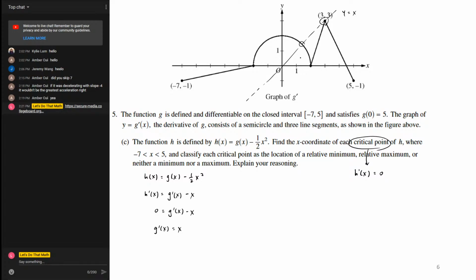I know this is a circle with a radius of 2 that is centered at the origin, right? So for this semicircle, g prime of x is equal to, if I have a circle centered at the origin with a radius of 2, the square root of 4 minus x squared.